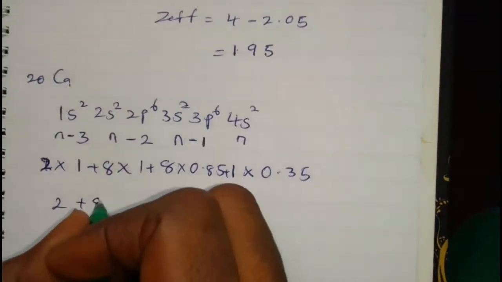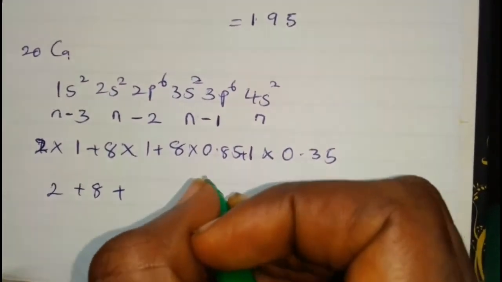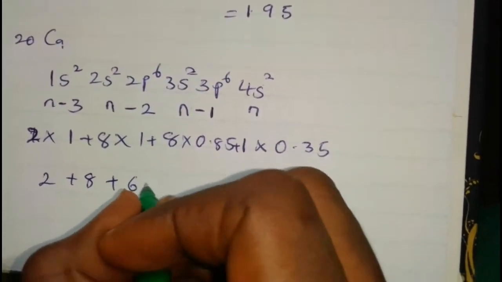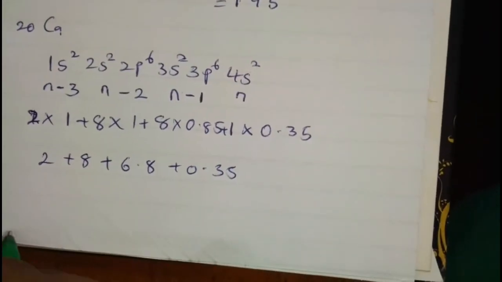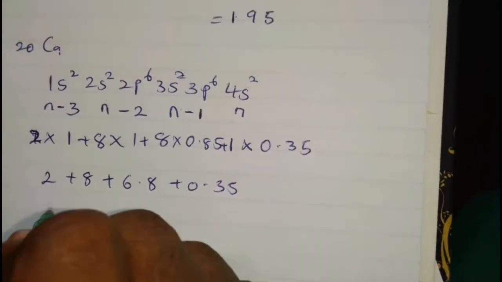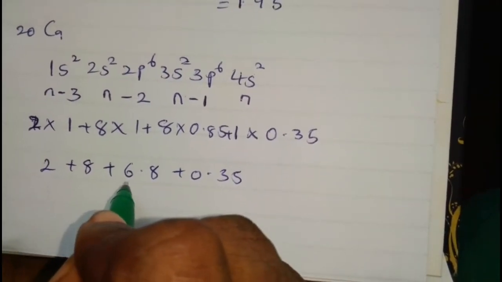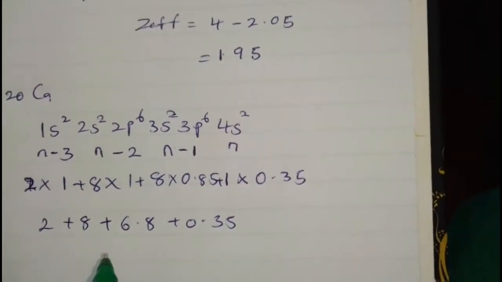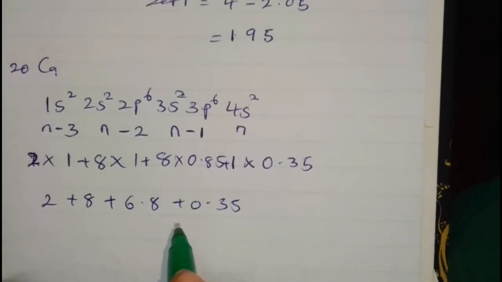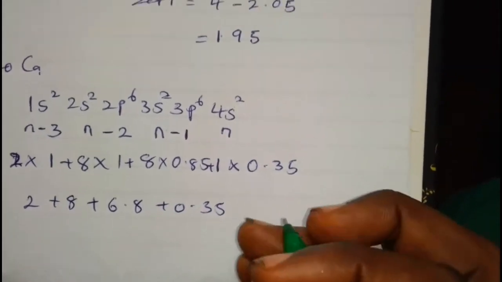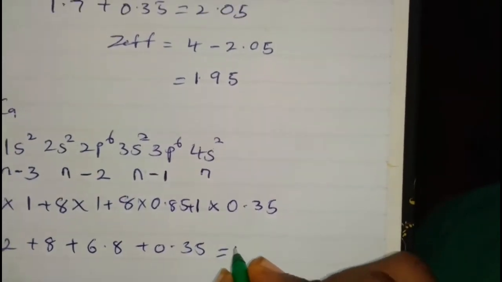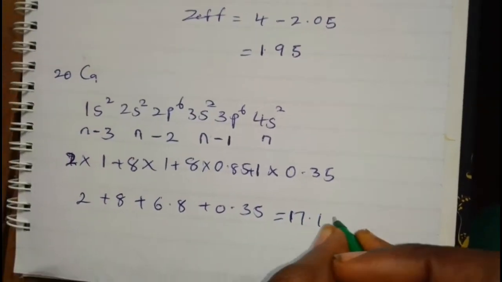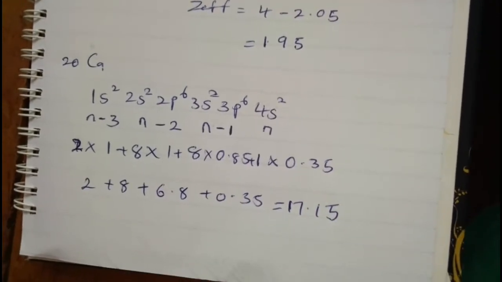So 2 plus 8, that gives you 10. Then 8 times 0.85 will give you 6.8. 10 plus 6.8 will be 16.8, and 16.8 plus 0.35 will give you 17.15. Do you understand how I did that?